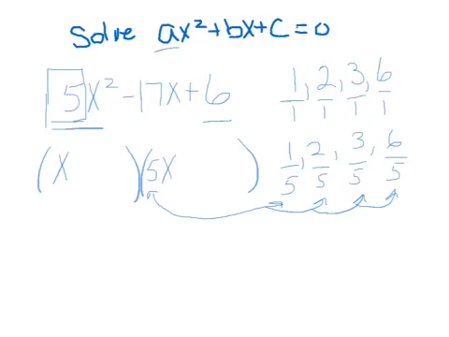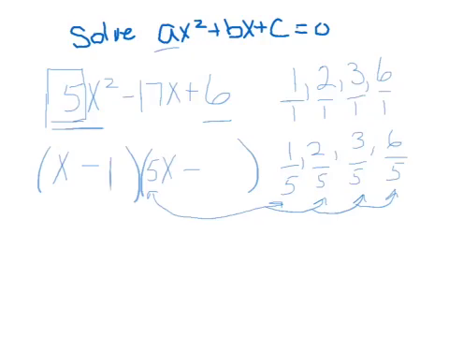So what's the way to get 6? I can have 1 and 6, or 2 and 3. Now here it's almost just a guessing game. Let me go ahead and figure out my signs first. So I have a negative and a positive, so we know that'll be negative and negative.